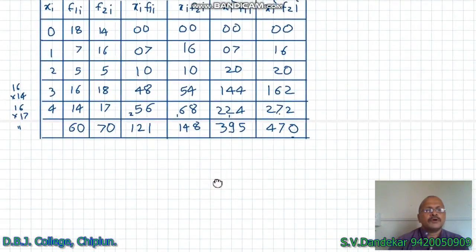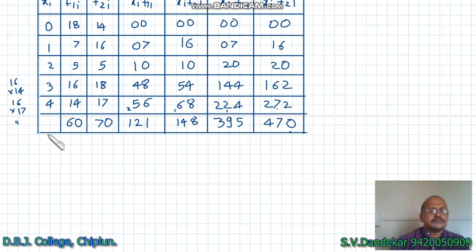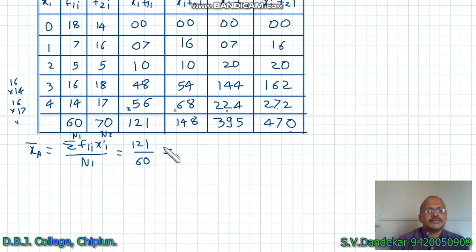Now we want the means. For team A, mean XA bar is equal to summation F1I into Xi upon N1. This is N1. This is N2. 121 upon 60. I will approximately take it as 2. Actually it is 2.01, but I am going to take it as 2.